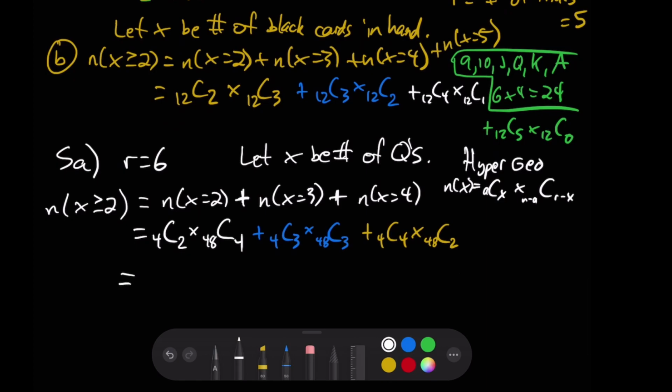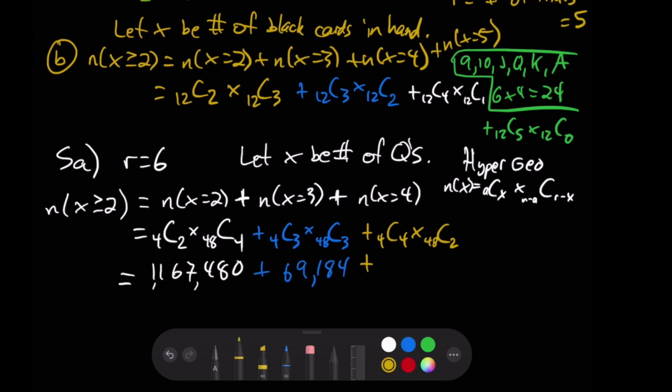4 choose 2 times 48 choose 4 gives us, we got some big numbers here. 1,167,480. Next, 4 choose 3 times 48 choose 3 is 69,184.